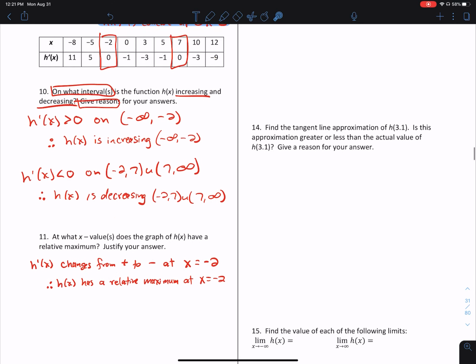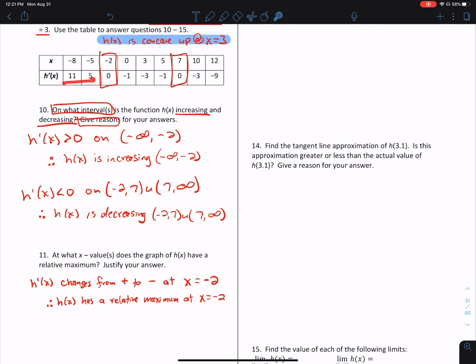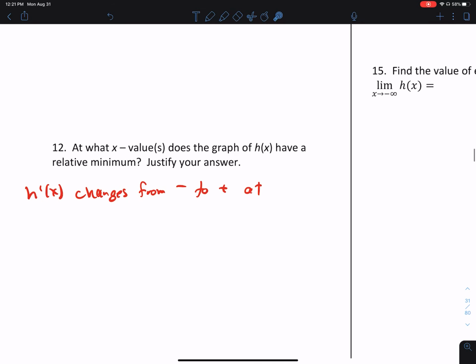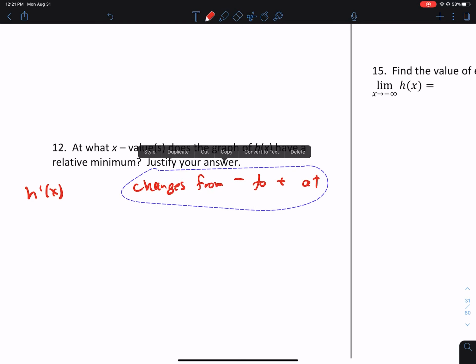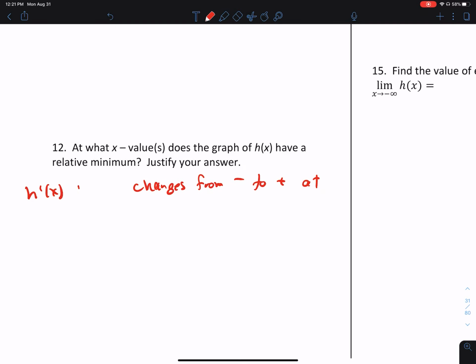Looking at our table, it's positive, and then it's negative, and it never changes from negative to positive. It goes positive to negative, back to negative. So instead of me saying h prime changes from negative to positive at, I'm going to move this over and say h prime never changes from negative to positive.